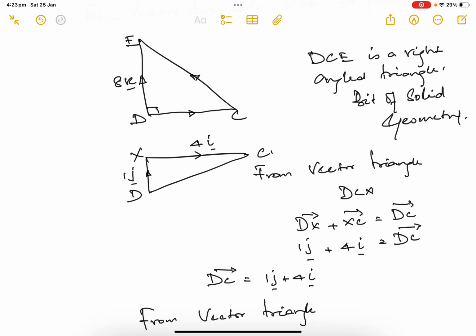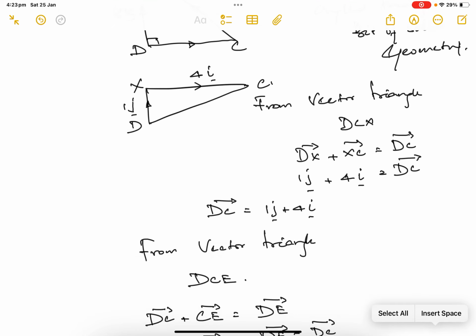But what we can find is, we pick up another triangle, the dotted line right angle triangle. I just named the corner X. So DXC, that triangle, to find DC. From the vector triangle DXC, DX plus XC equals DC.